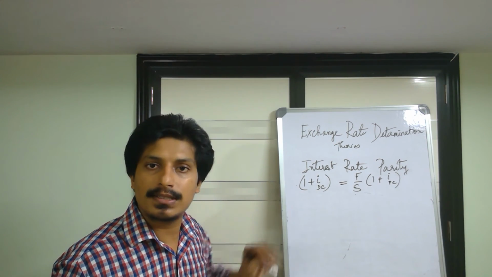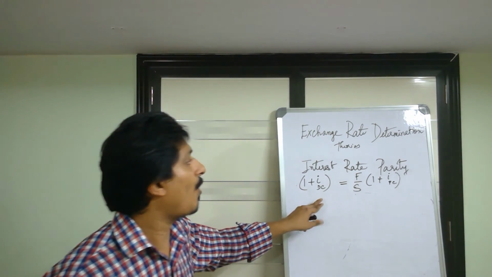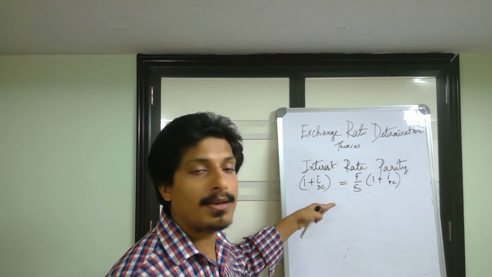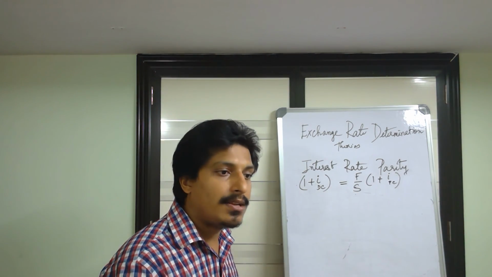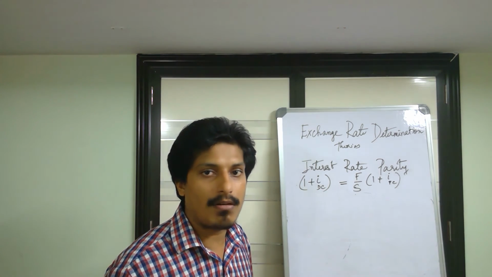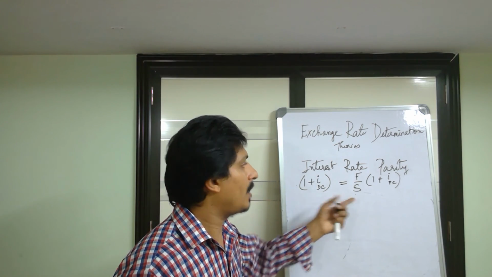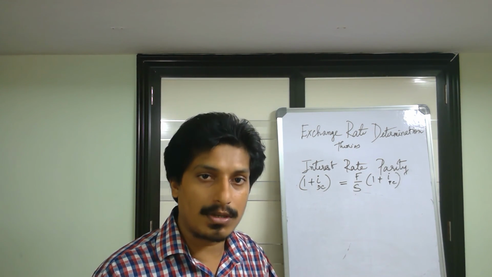That's it about interest rate parity. Some more discussion is to be done about forward premium and forward discount, and how forward premium and forward discount impact the returns. But I will discuss that after dealing with the forward market. In the forward market, I have to discuss how to calculate forward rates. Then I also have to discuss forward premiums and forward discounts.